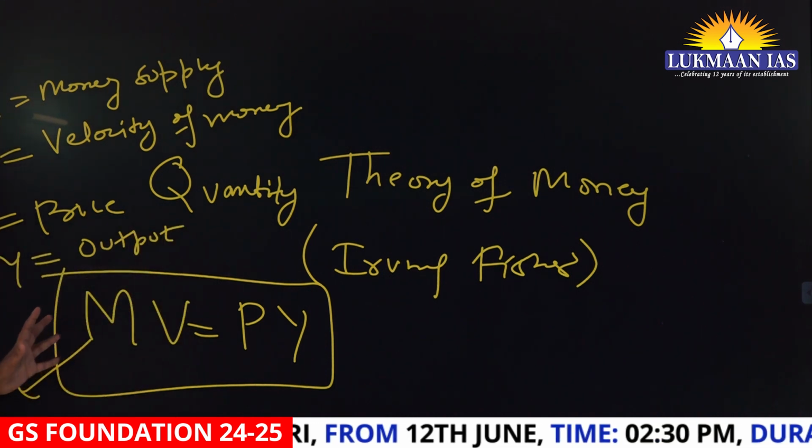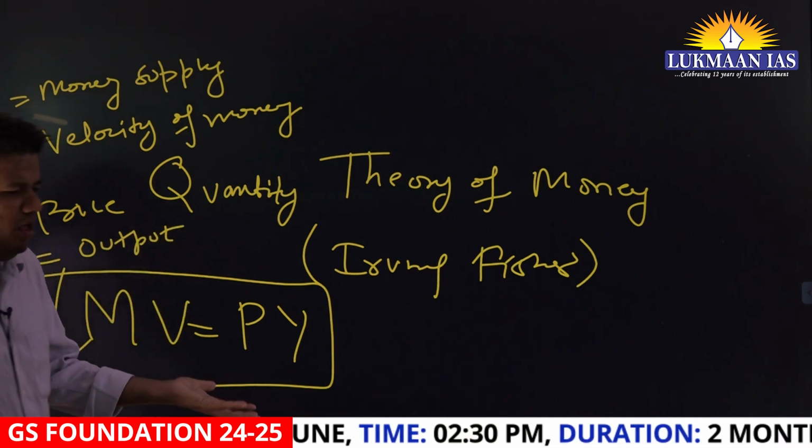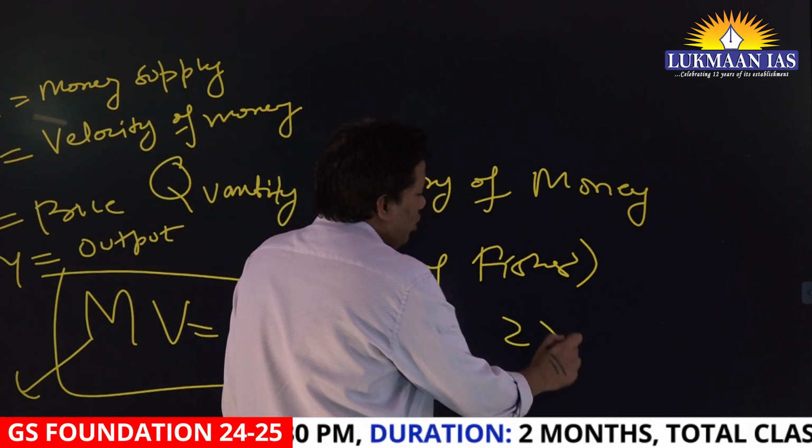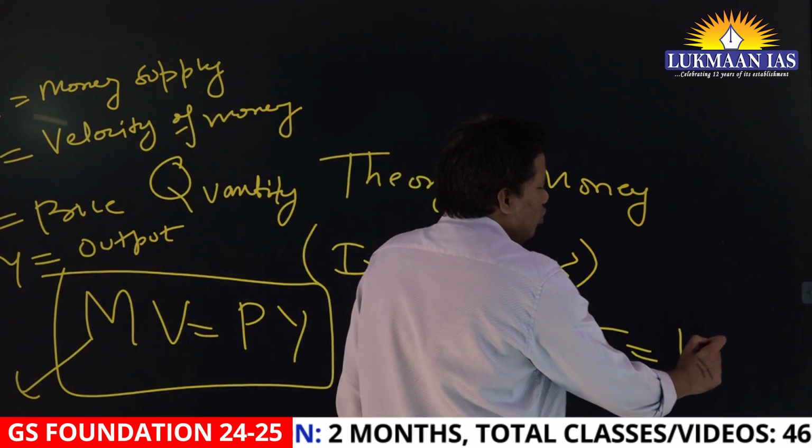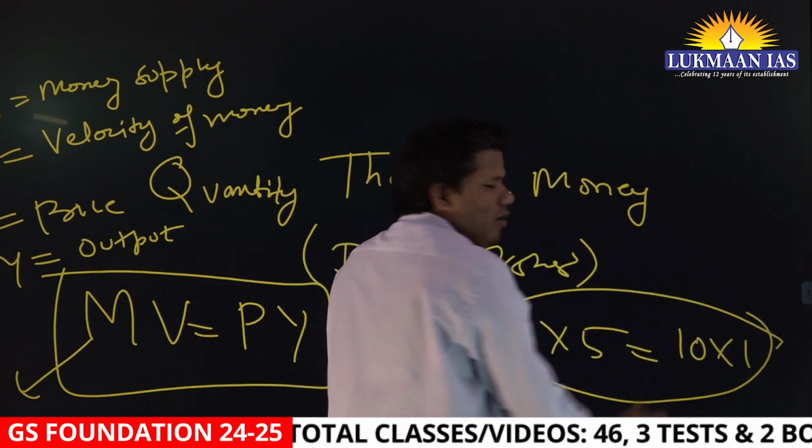Okay, see, this equation is very simple. It's like, let's say somebody writes 2 into 5 is equal to 10 into 1, right? It is that simple.